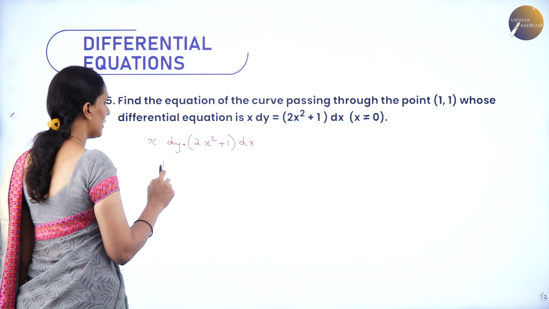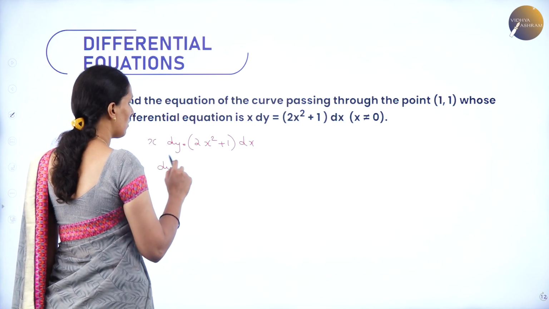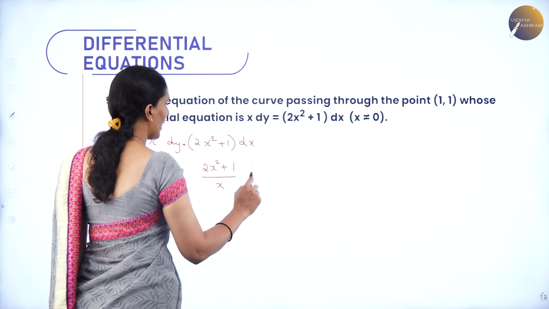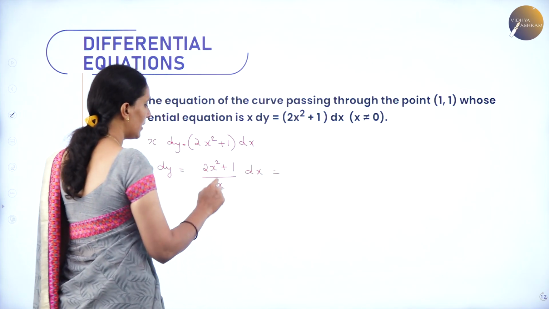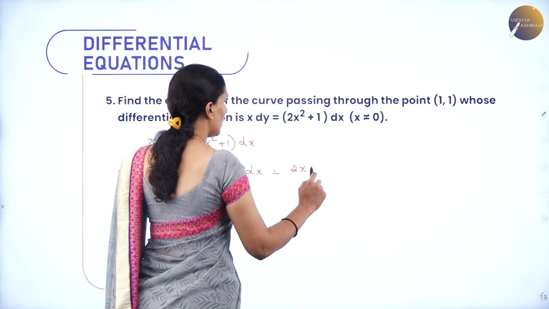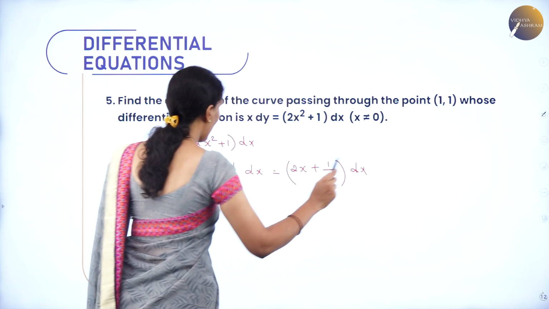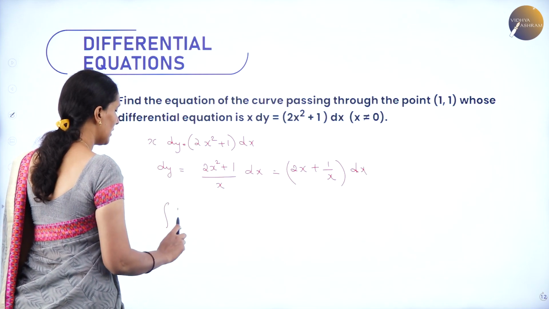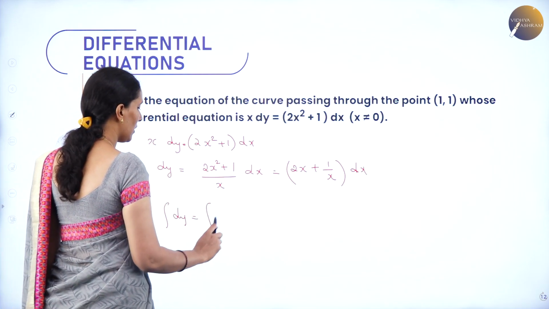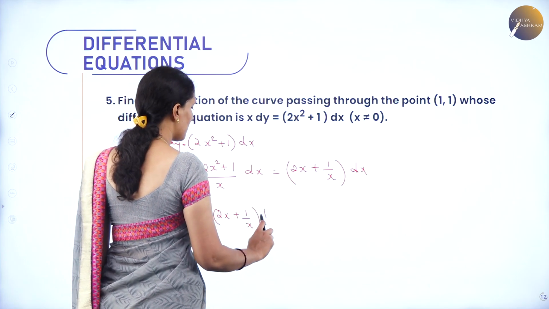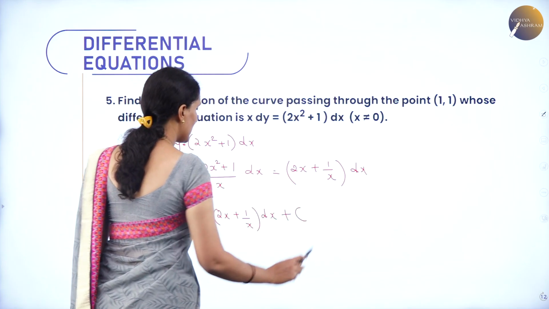So let me take dy is equal to 2x square plus 1 divided by x into dx, which can be written as 2x plus 1 by x into dx. Now apply integral on both sides. Integral dy is equal to integral of 2x plus 1 by x dx plus constant.